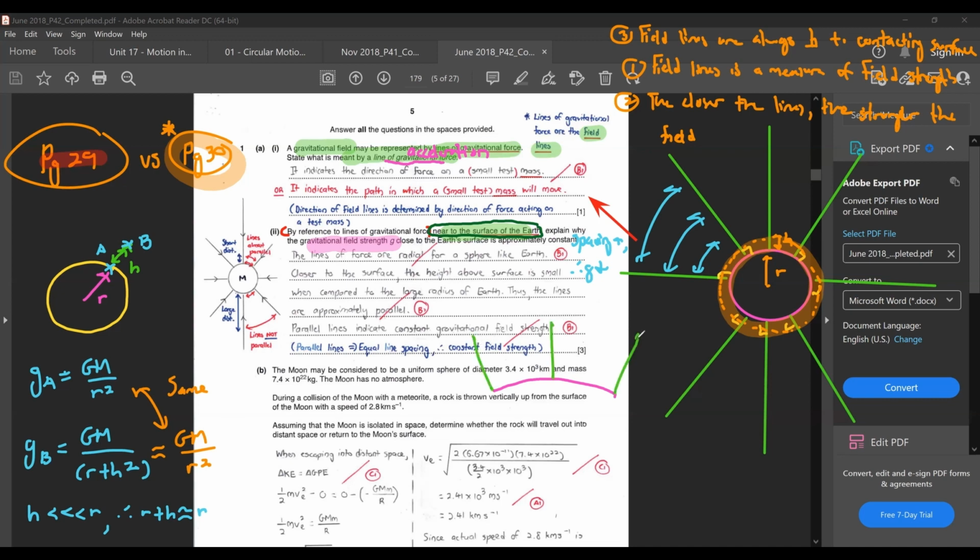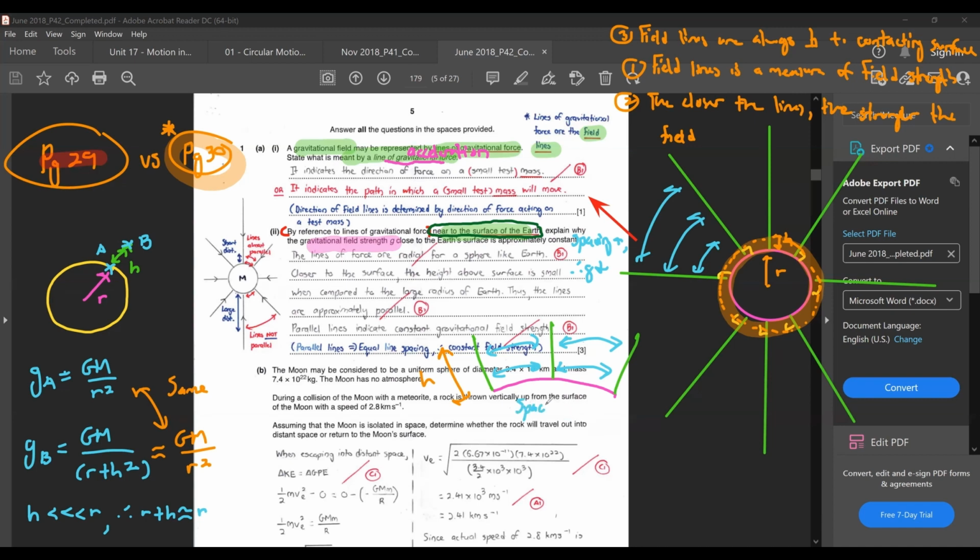Okay, so for this small distance of h right over here, people can say that the line spacing appears to be almost the same.